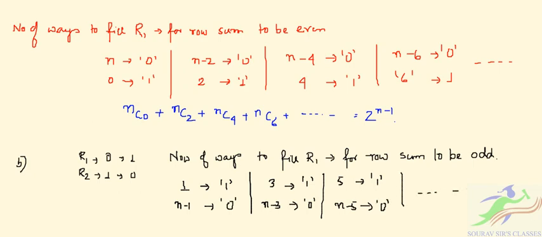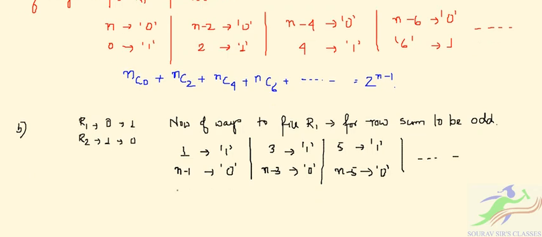So the number of ways to fill R1 will be nC1 plus nC3 plus nC5, and it will go like this. When all the subscripts take odd values, it is the same thing: 2 to the power n minus 1 will be the answer, right?